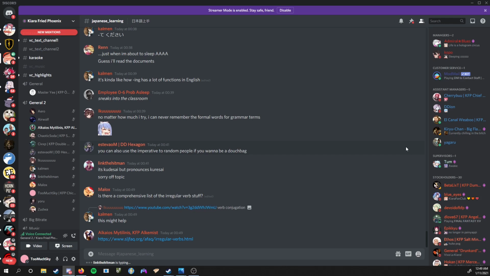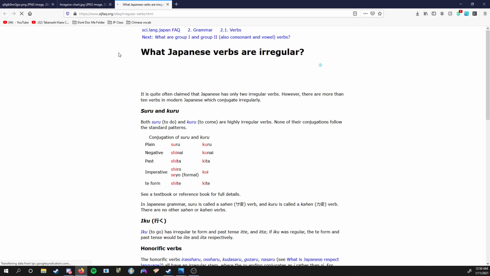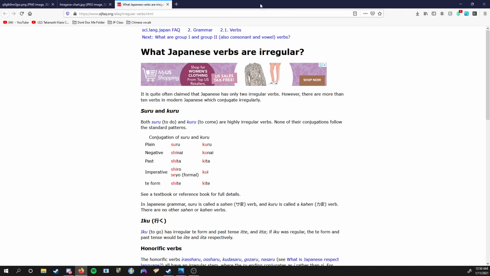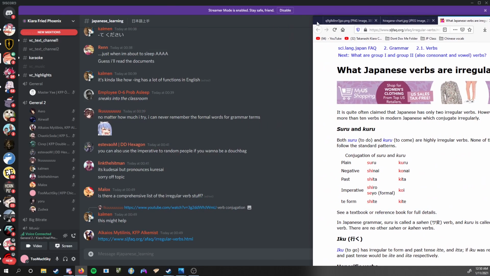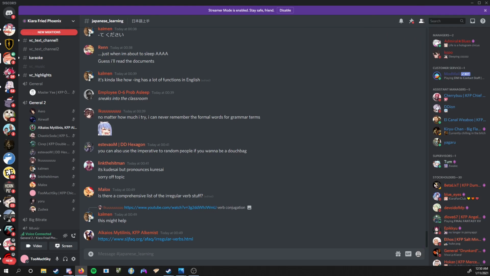So there are a few, suru and kuru are highly irregular, but then you have a little bit of irregularity in some specific corner cases. So at the very least, this should help to get you started.